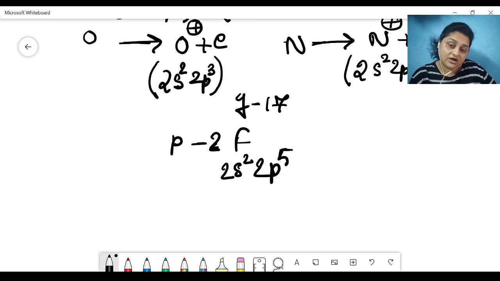So it is on the right hand side of oxygen. So the ionization enthalpy required by fluorine should be more compared to oxygen.